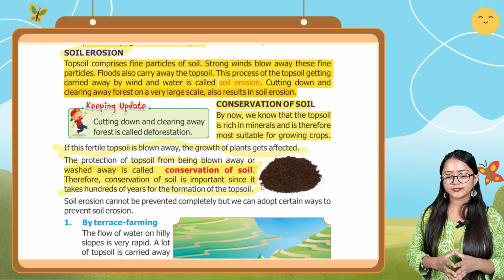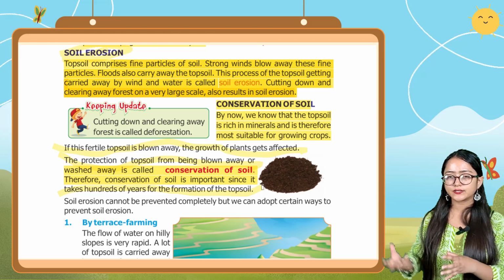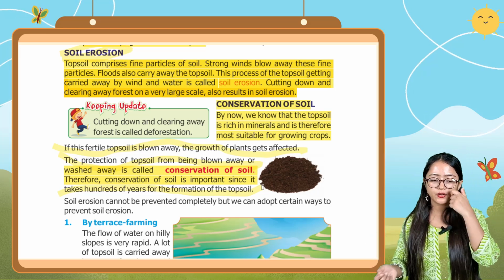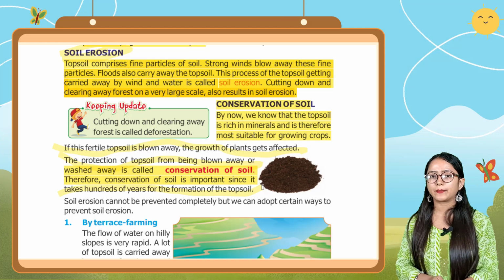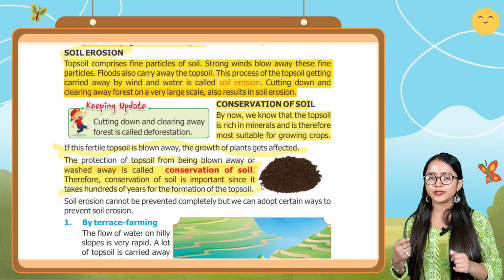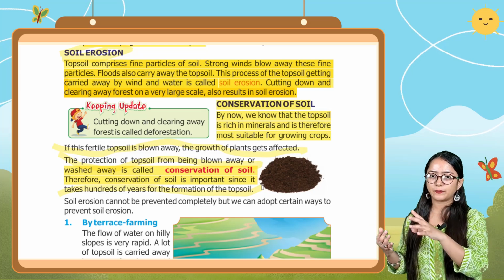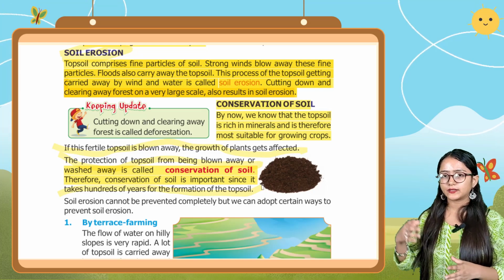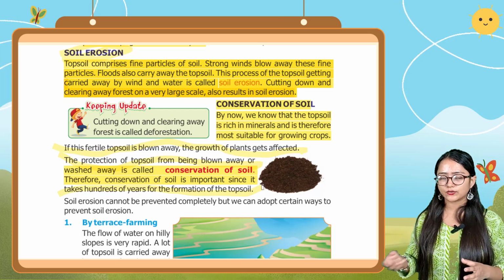So basically it is saying that to conserve the soil is very important, because in the soil erosion process, when you cut off the forest area, the soil gets eroded easily with the help of the wind and the water. Okay, the flood occurred, that's why the soil got eroded.